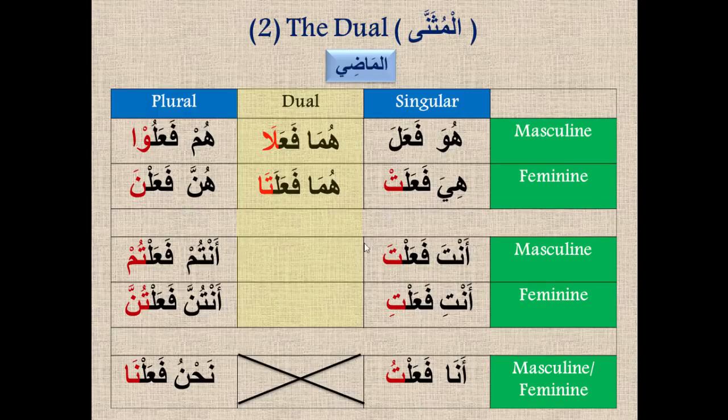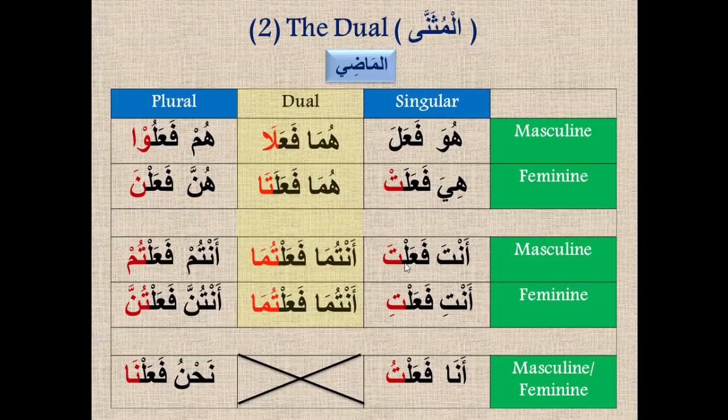On to the second person verbs in the madi. We have anta fa'alta, antuma fa'altuma. And that's also the same case with the feminine second person. Anti fa'alti, antuma fa'altuma. So you'll notice that for the second person, the endings of the past tense verbs correspond to the pronouns.